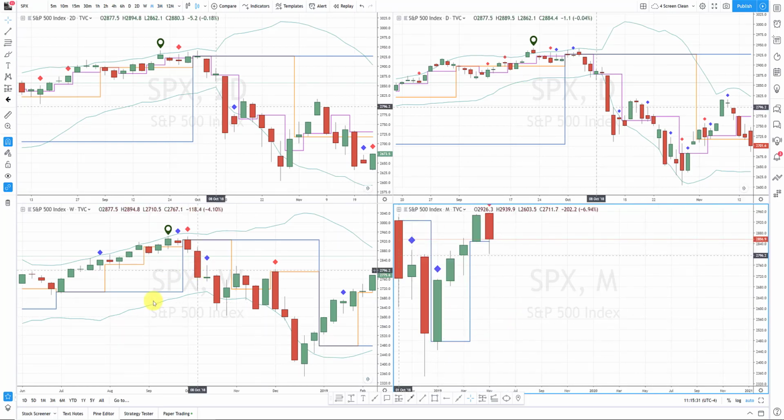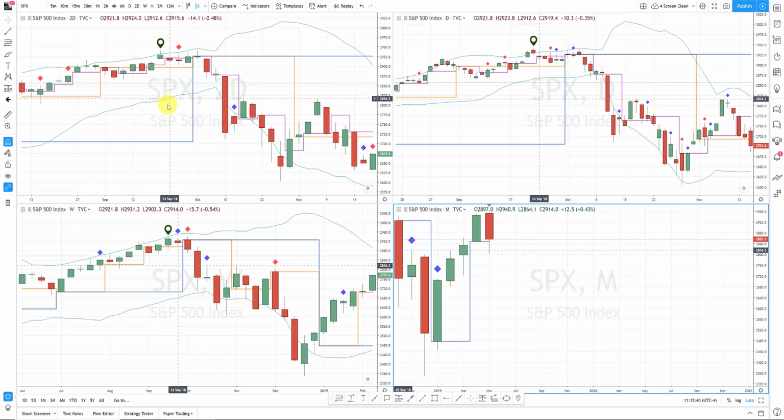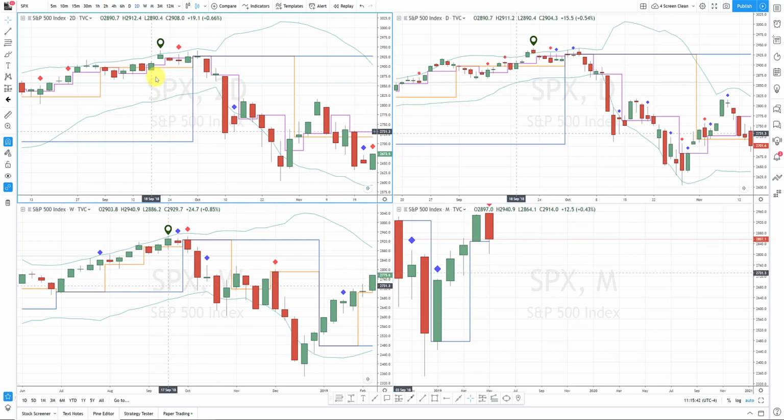Okay, so here on the weekly, we talked about it already, inside week and outside week, and then down. Okay, on the 2-day chart, nothing too spectacular there. It's basically just up, down. Here, watch out. Anytime you see these outside bars, you want to watch for them, because here's the situation.